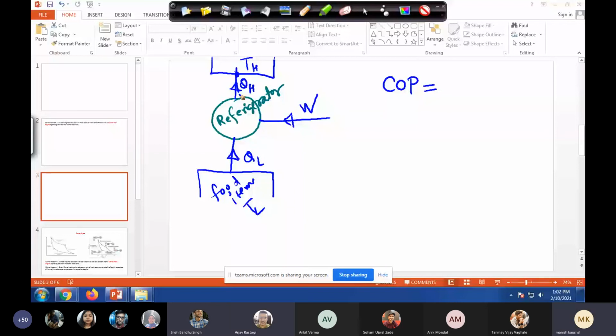So ejected out means which one, QL or QH? QH is the heat ejected. No. The performance depends on how much you can extract, this QL. The more the QL, the colder will be your refrigerator. So COP for a refrigerator is QL by W input.